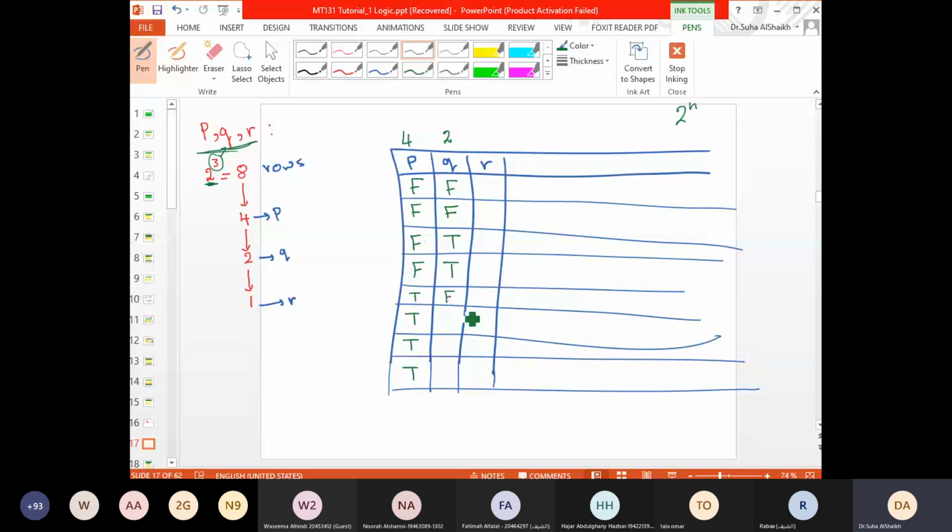2 true بعدين 2 false 2 true. What about the R? The R goes like 1 مرة false مرة true مرة false مرة true false true false true.